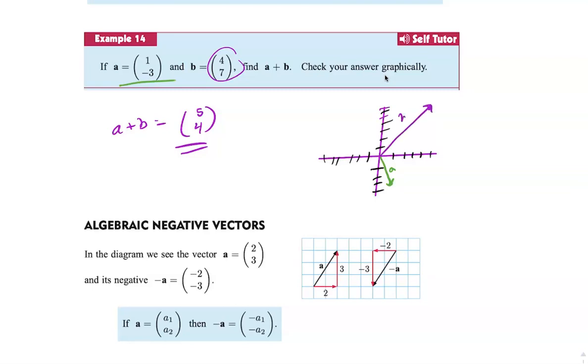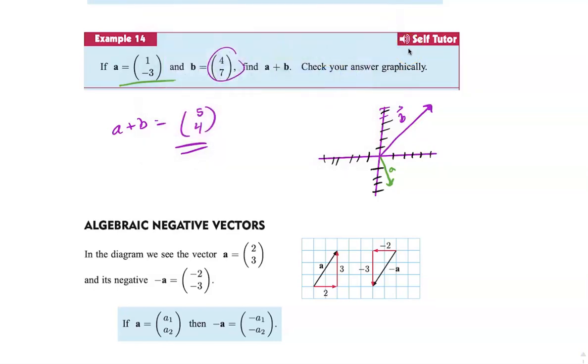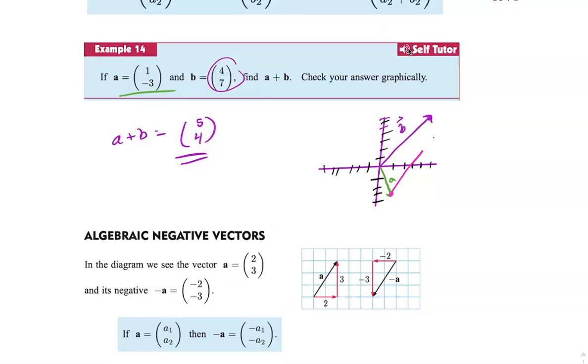So that's my B. Now if we're doing tip to tail, all I'm going to do is basically slide this vector down here. If I slide it down, it's going to start right here, and it's going to go over 4 and up 7. Remember, the vector is the resultant from where we started to there. That would be A plus B, which, if we look at it, is about 5, 4. Again, not a perfect graph, but that gets you the general gist.